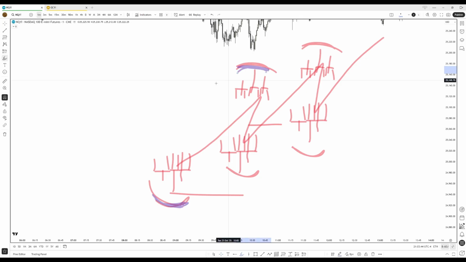This is a range, right? Now from this isolated range, we push inside. Now we have this low, right? Now we move up, boom, and we create a new range, because now we have this new low here and this new high here. Make sense?